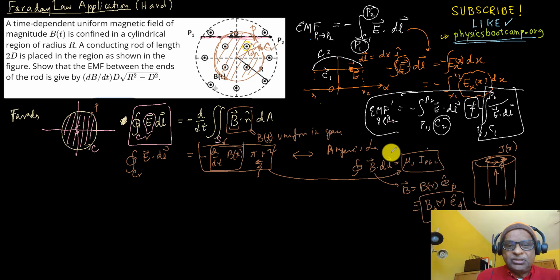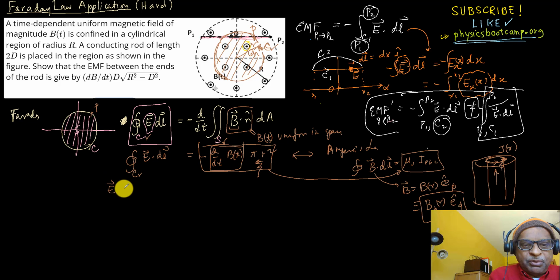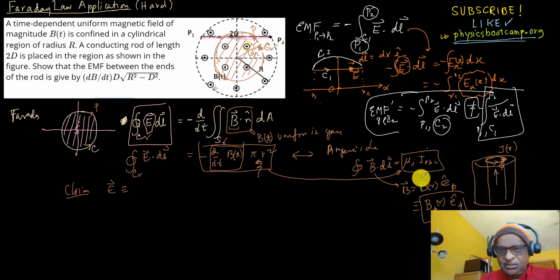So by analogy, we just say, you know what, the electric field in this problem, this is a claim I'm going to make, just by analogy. I'm not justifying this is exactly the case, because a magnetic field obeys another law that makes this a useful proposition.